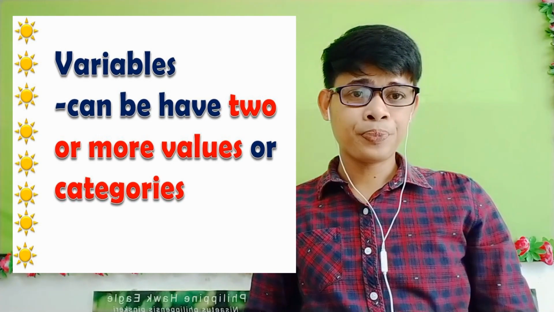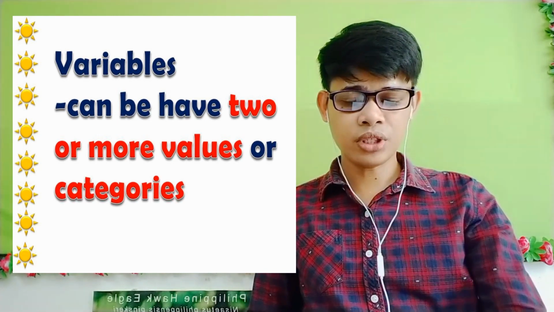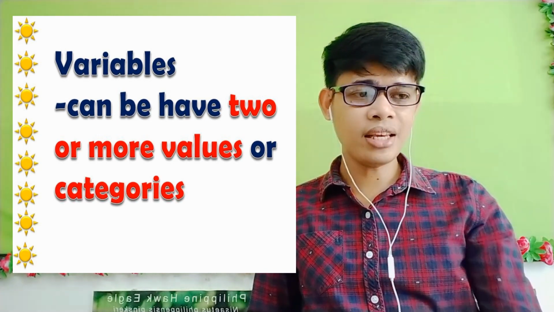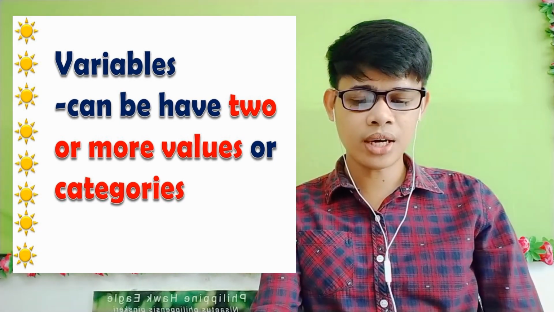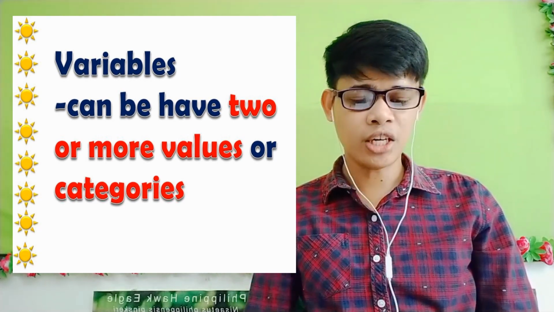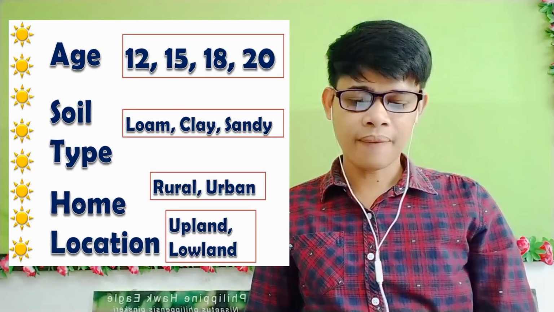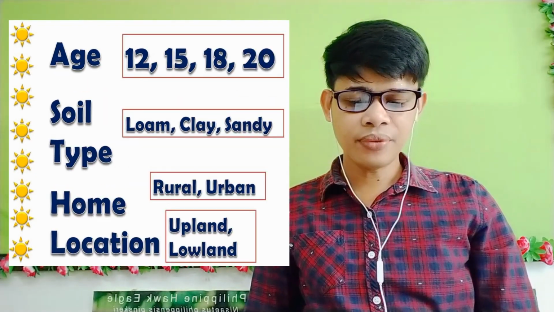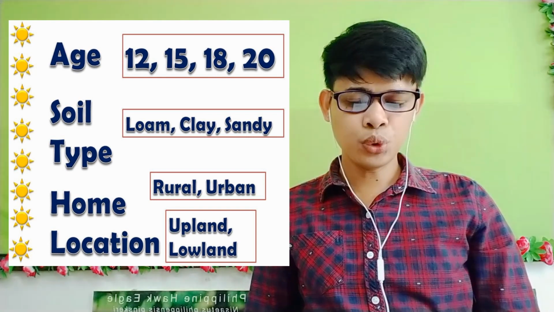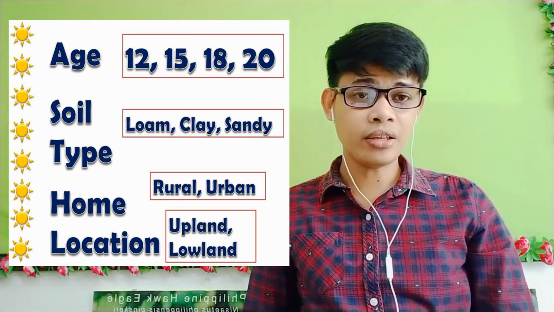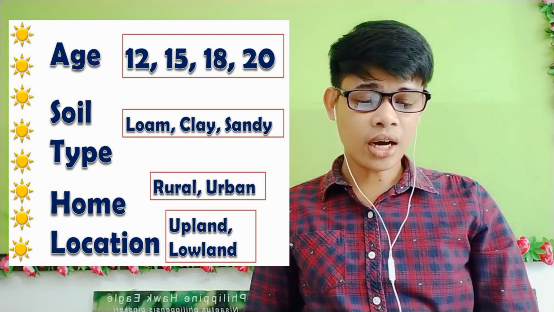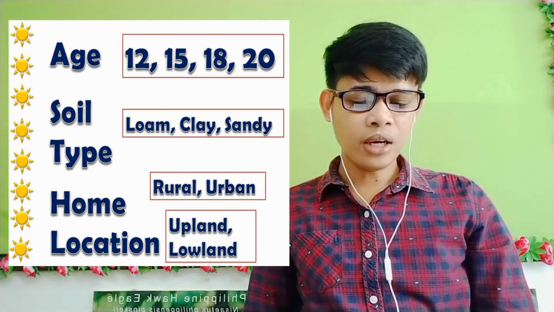Remember clearly the definition of research variable: it should be any characteristic of a person as long as it varies or changes. So I'll give you examples here of research variables which have 2 or more values. We have here age. Age is a variable with the following values.